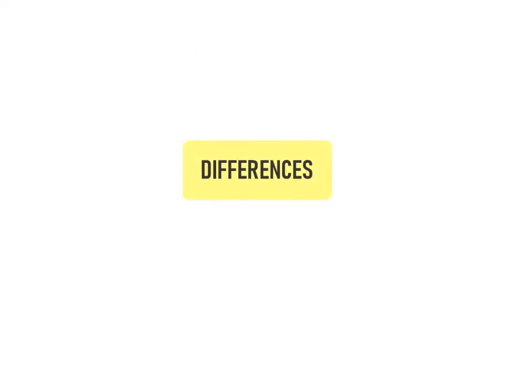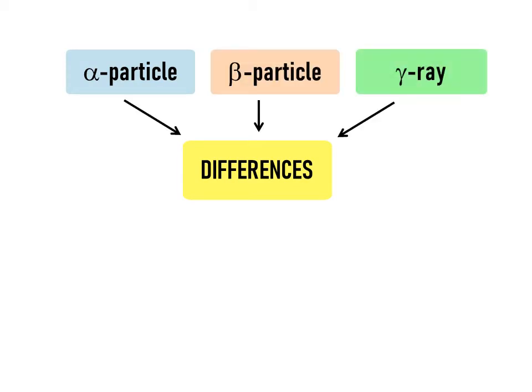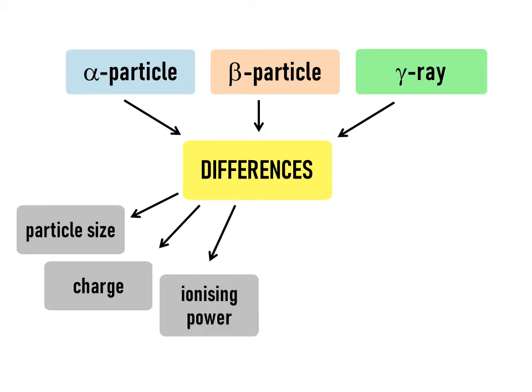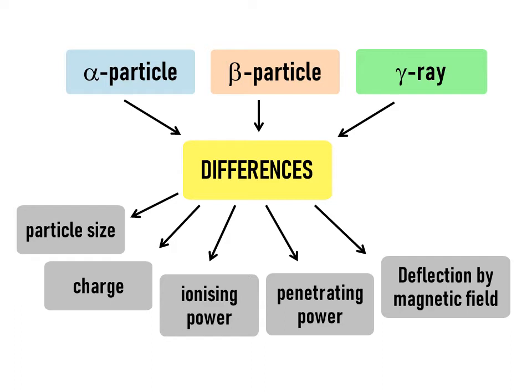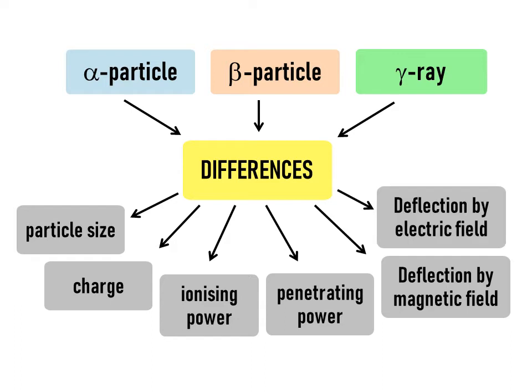So now let's go through the differences between the alpha particle, beta particle, and gamma ray. We're going to look into the differences between these radiations in terms of their particle size, their charge, their ionizing power, penetrating power, deflection by magnetic field, and deflection by electric field.